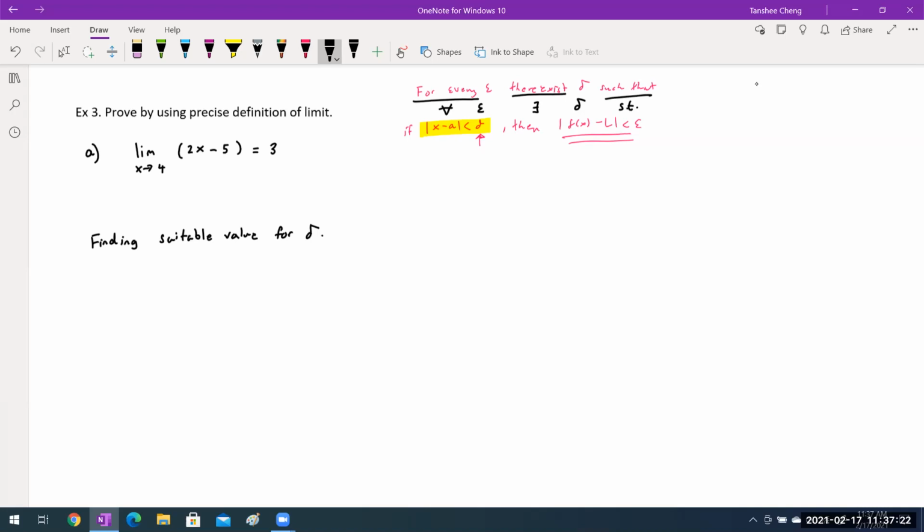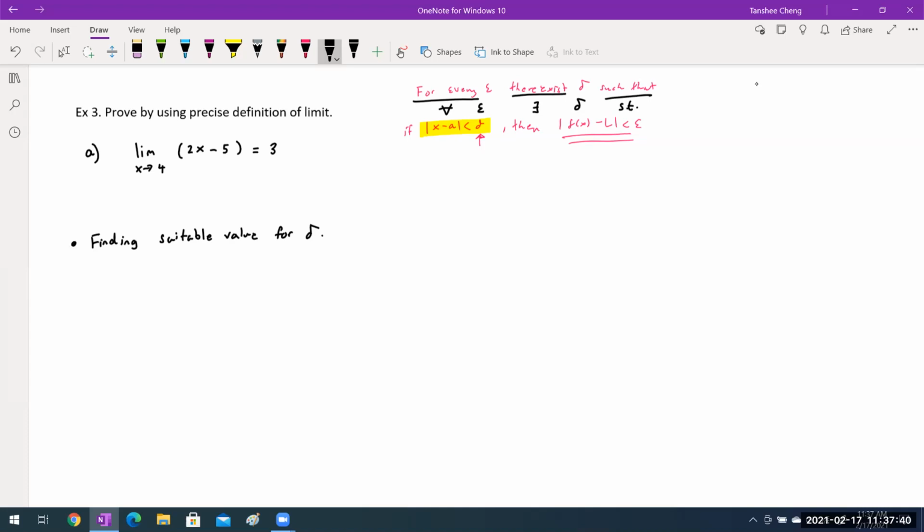So what we want to do is rewrite this limit in terms of what? The definitions. So this is what we are looking for right here: finding the suitable value of the delta.